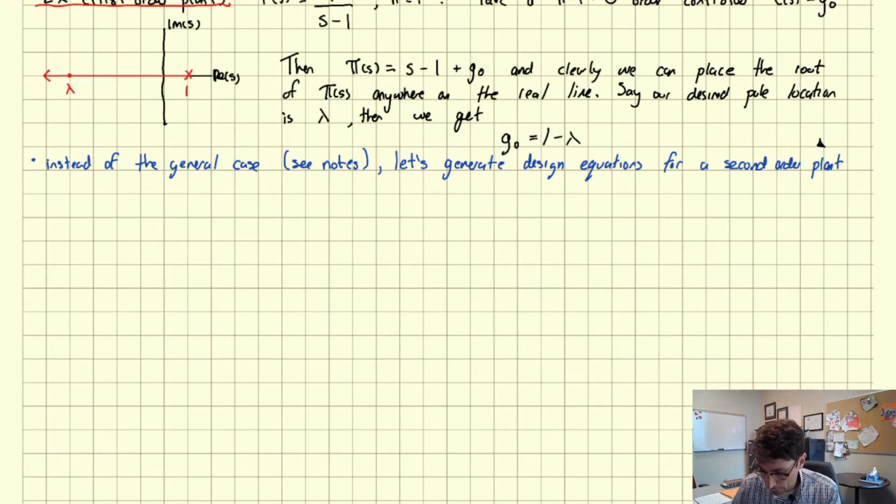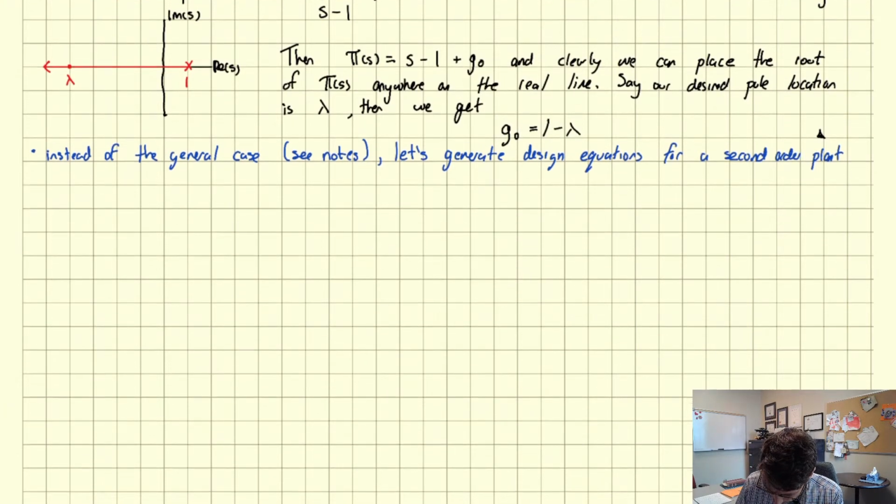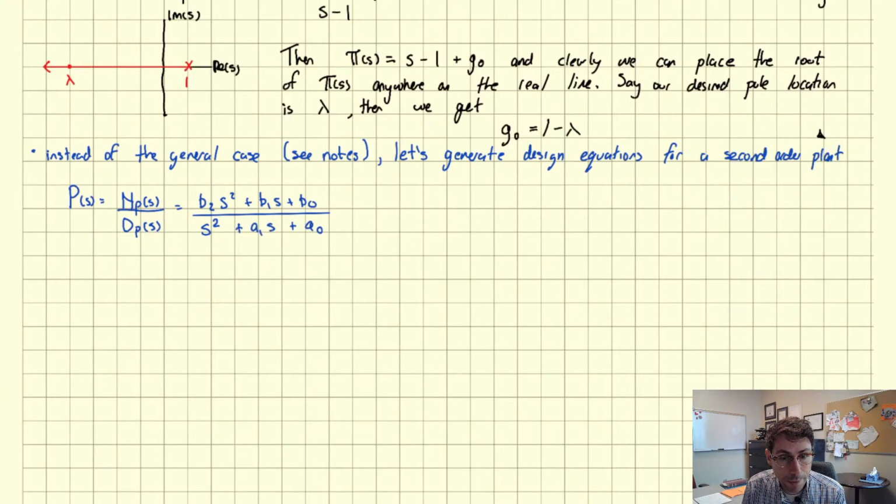Okay, so our plant, using the same notation we've used last class, is a numerator over denominator. Remember, we used b's in the numerator and a's in the denominator.